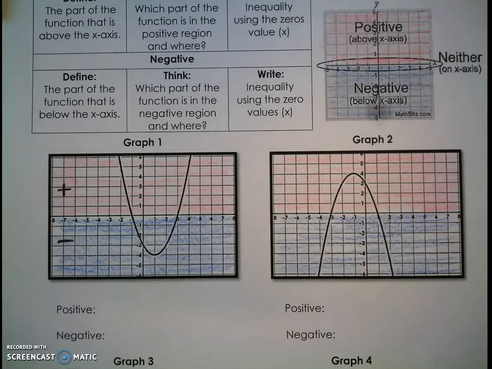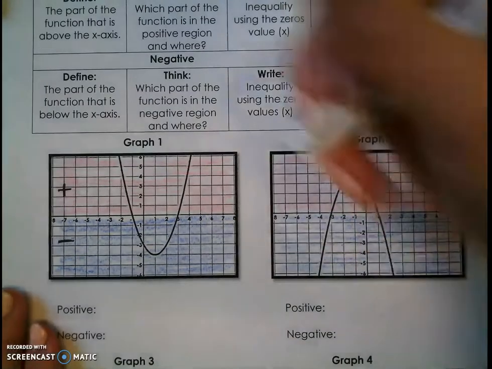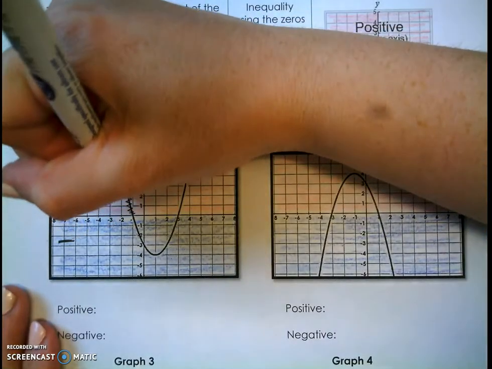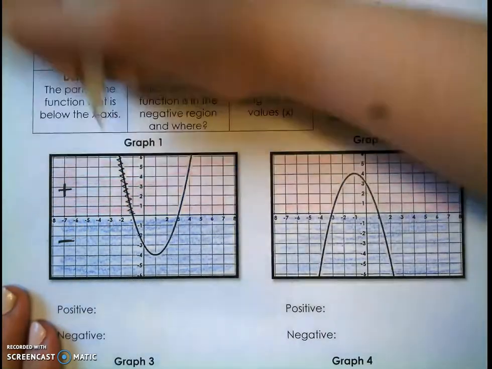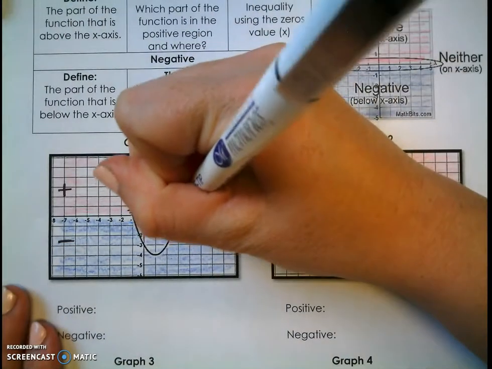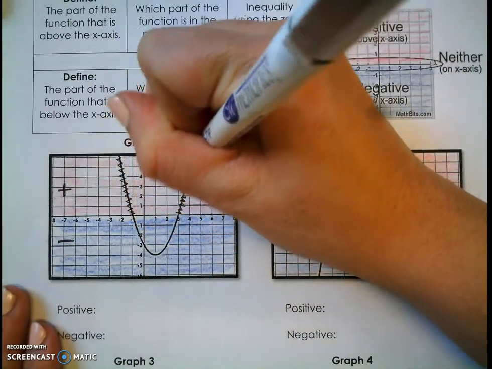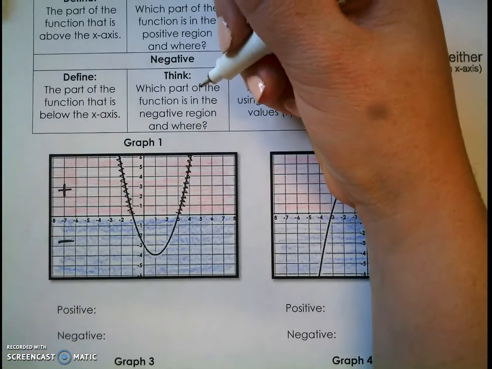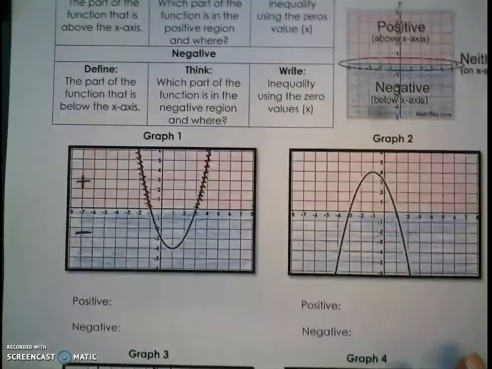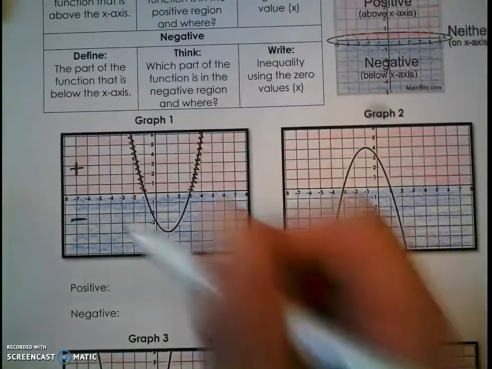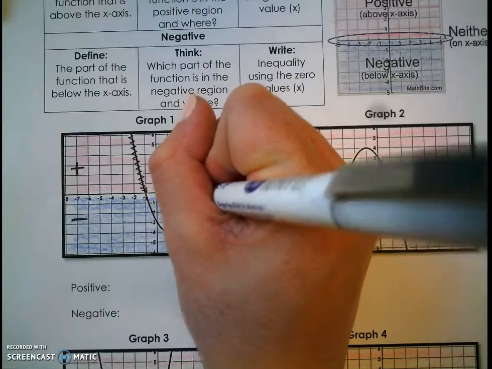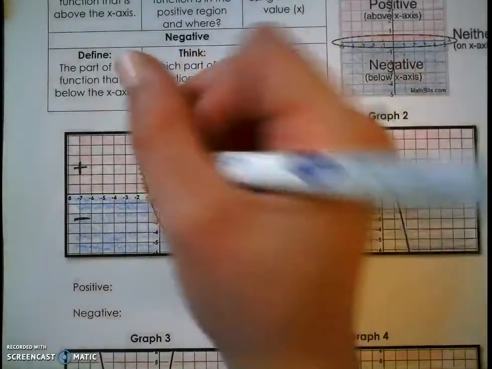So I'm going to start with my positive part. I have 2 sections of this graph that are positive. It's positive right here, and it is also positive over here. Since there are 2 parts that are positive, I'm going to have 2 inequalities. So this first one, I'm going to kind of use my x-intercepts as boundary lines.